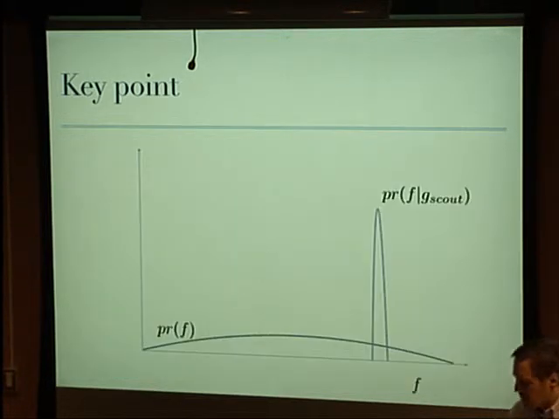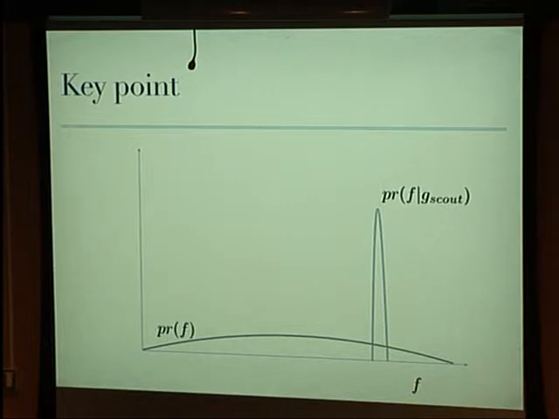The graphic picture of how this looks is if you consider a generic f-axis, which is, of course, infinite dimensional in reality. You have this distribution of the objects that's very broad. There's a broad class of people or subjects that would be put through this imaging system. But once you take a set of initial measurements, you now have a much narrower distribution, the distribution of objects that are consistent with your initial measurements.